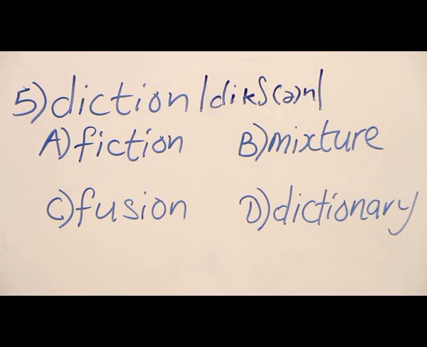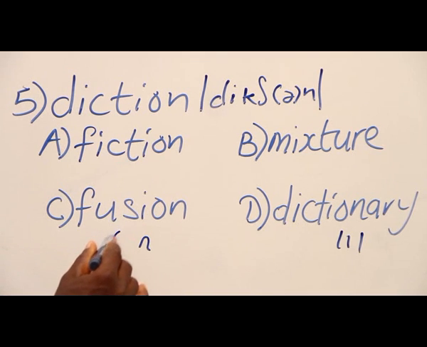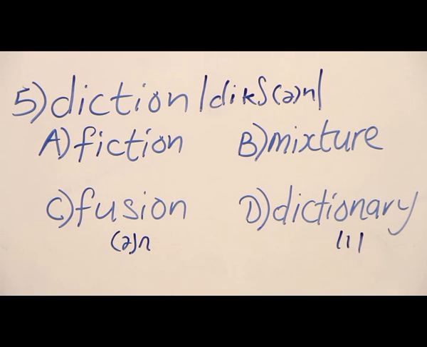So let's look at the options. We're going to start from option D. Option D ends in a vowel sound. Okay? So that rules out option D. Now we'll take option C. Option C has a nasal at the end. After the nasal, we have also a possible schwa sound. Okay, then we have this sound, fusion, fusion.